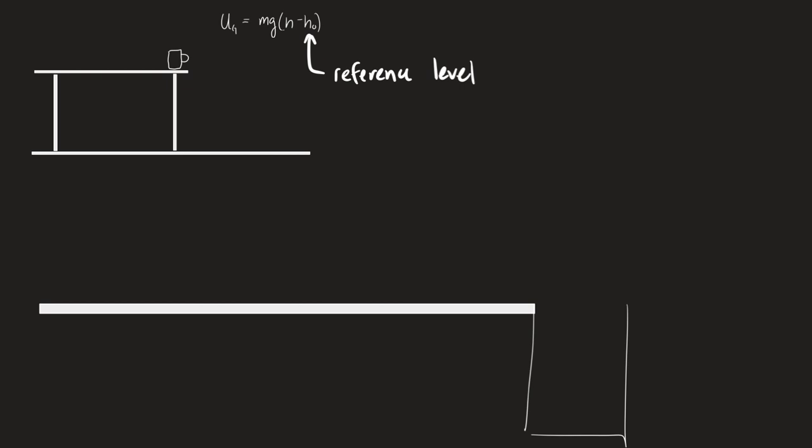We use potential energy in situations where objects change their height. Because of that, consider the possible reference level. That's what potential energy is really about. It's not about an absolute. It's about changes. And in this case, it'll be changes in the height of the object.